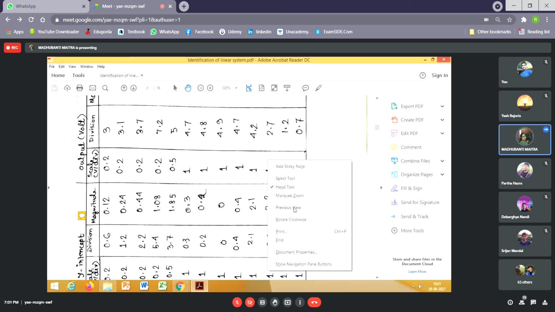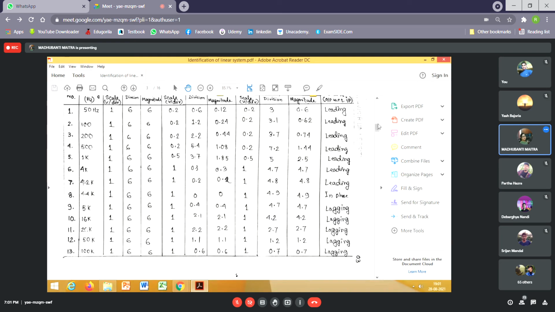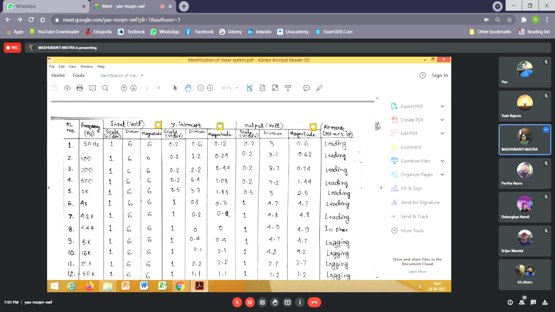Now we'll have to note down. You have pen and paper with you? So let's see the first case. We have set the frequency at 50 hertz, right? We have put the oscilloscope in XY mode, okay?